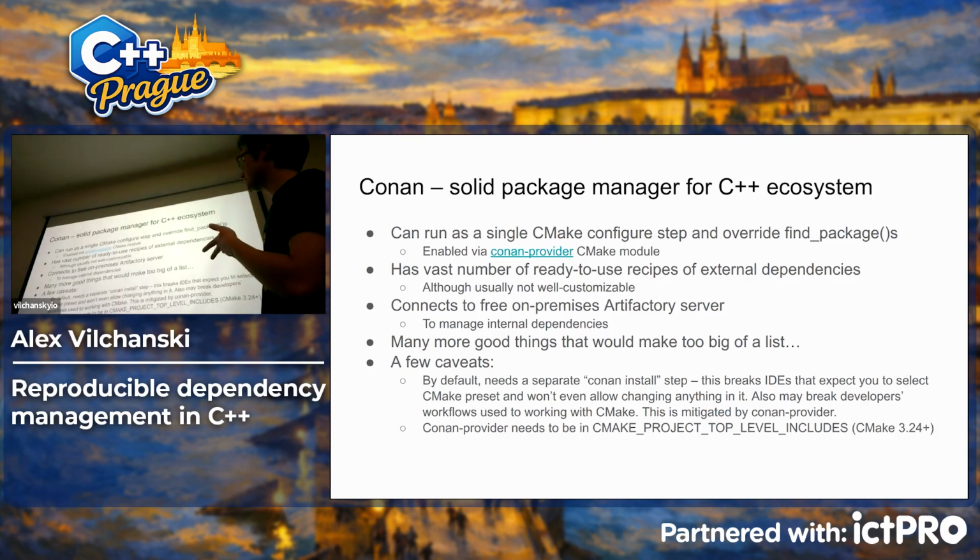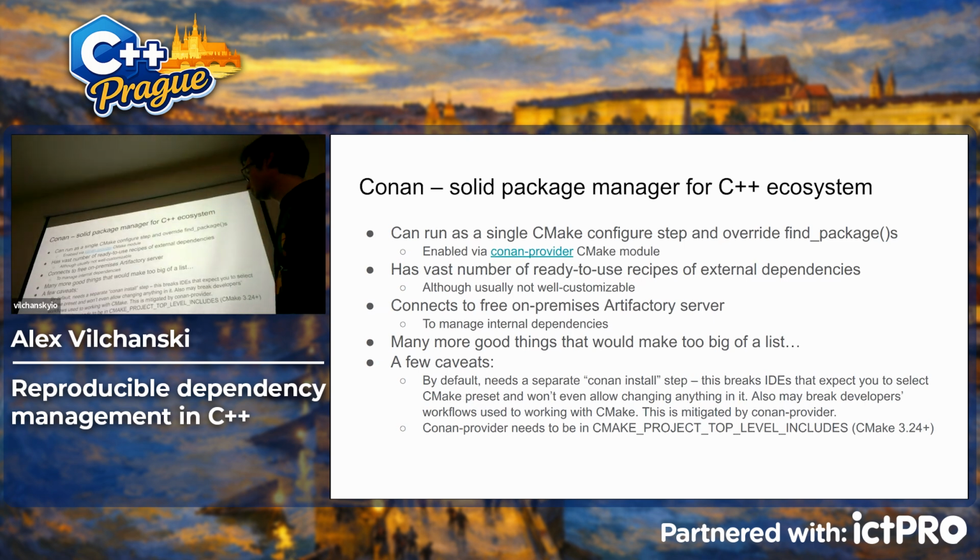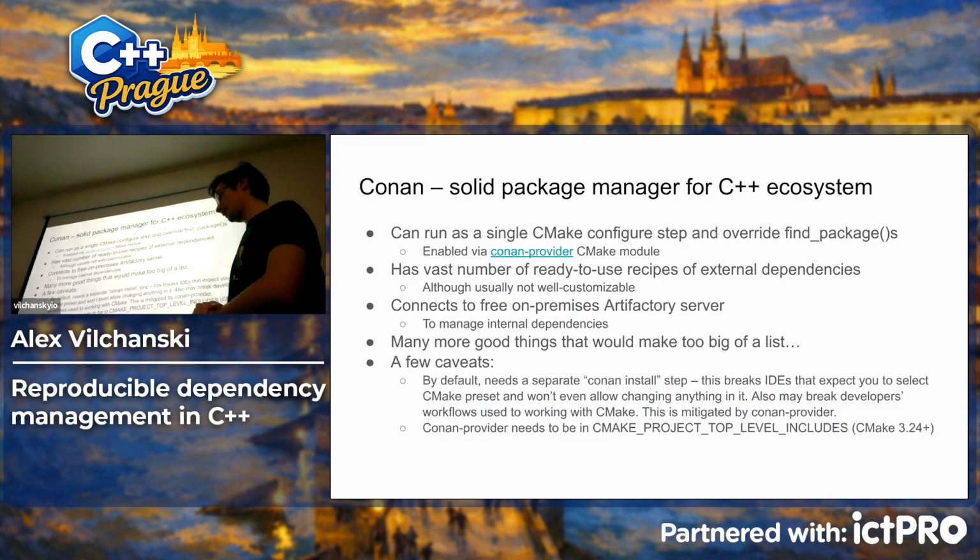And regarding the Conan provider, you need at least CMake 3.24 to be able to use the CMAKE_PROJECT_TOP_LEVEL_INCLUDES variable, which is a list of file paths that are injected at the first call of the project function.